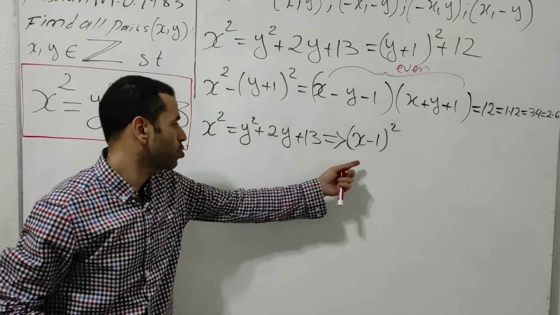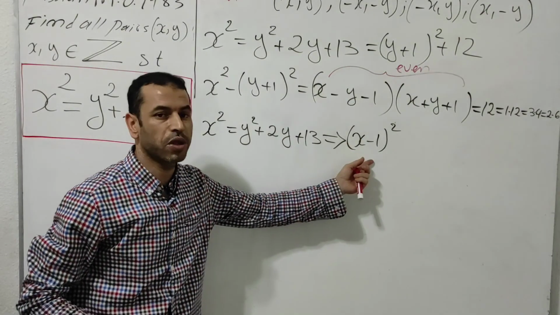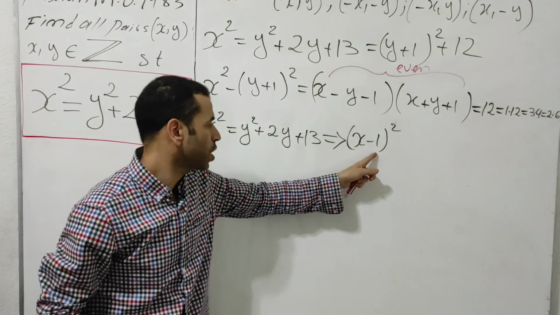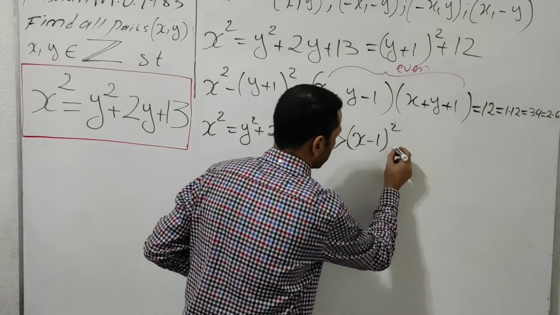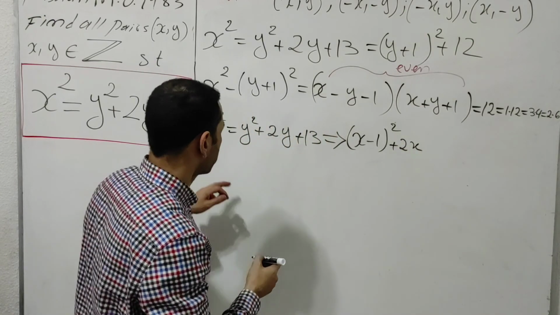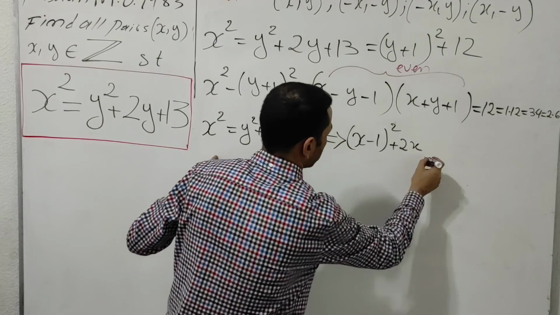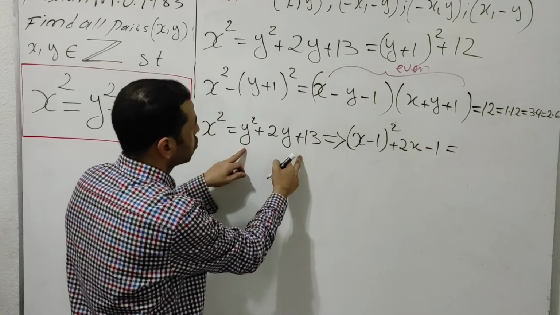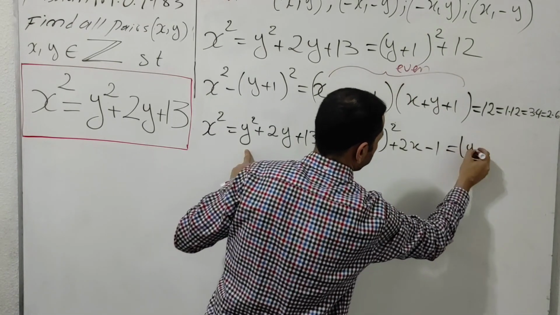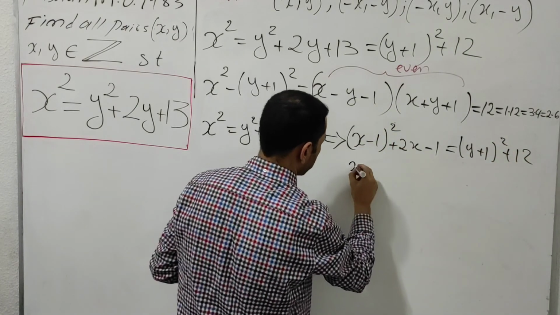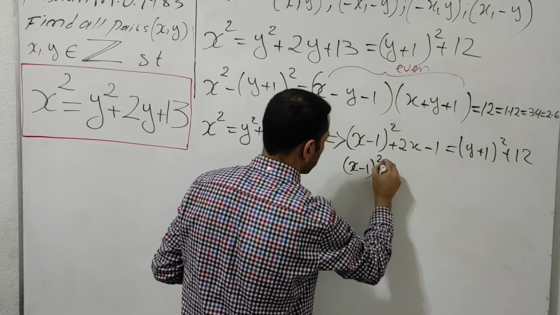If you distribute this, it gives us x squared, which is good, minus 2 times x, which we don't have, so we have to add another 2x, plus number 1, which we don't have, so I have to subtract number 1. We already know this is (y plus 1) squared plus 12. So I will get (x minus 1) squared.